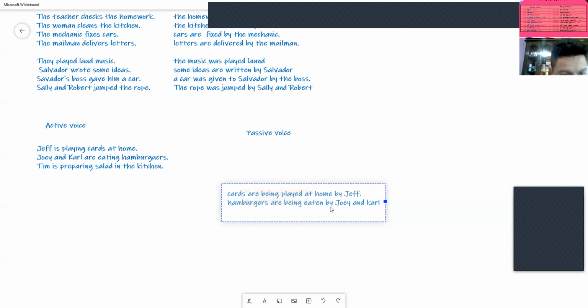Pues, Tim está preparando. Tim está preparando ensalada en la cocina.